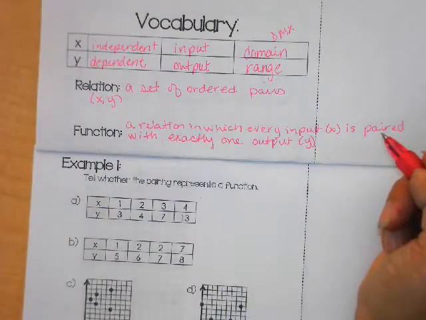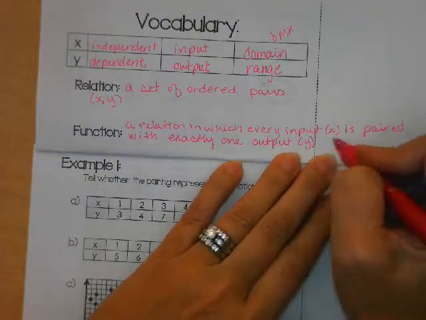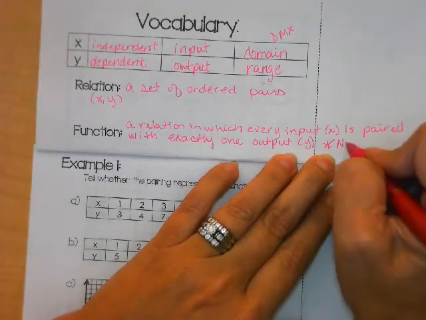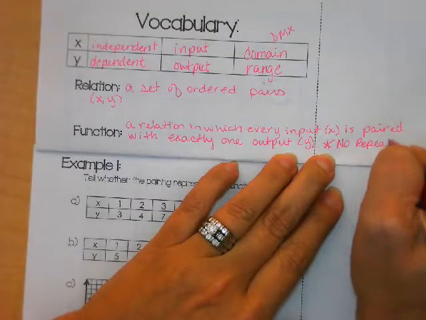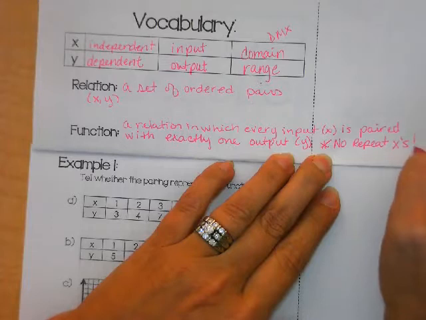So essentially, what is the easiest thing to remember? No repeat x's. That's what that means.